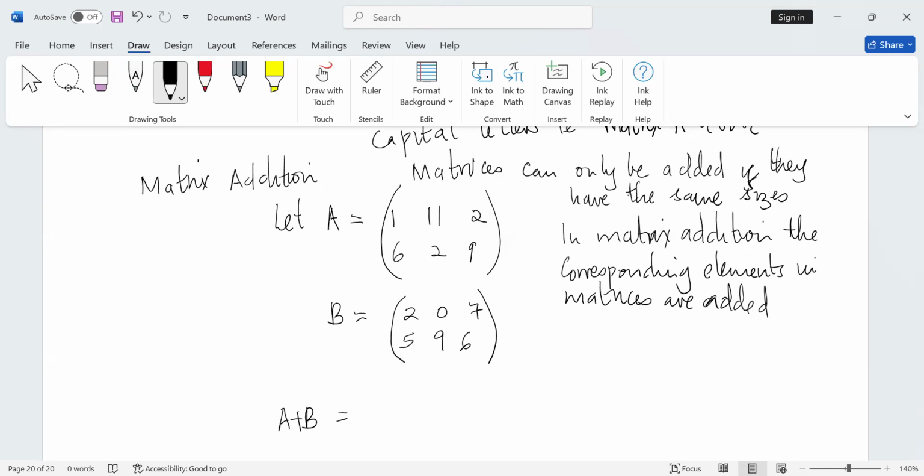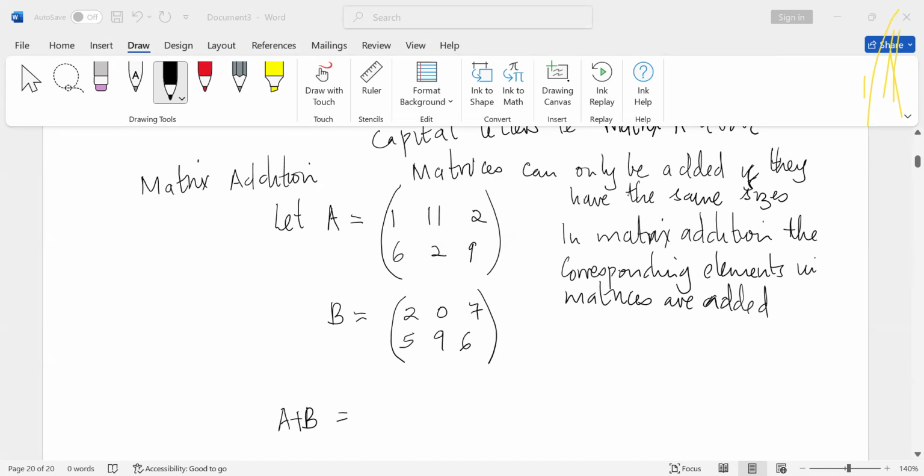So A plus B, what is the size of A? What is the size of matrix A? Two by three.